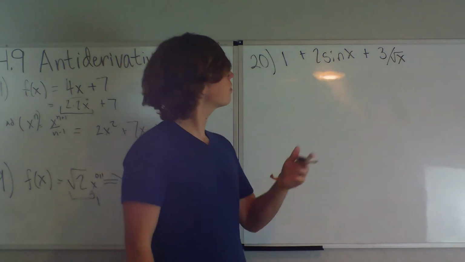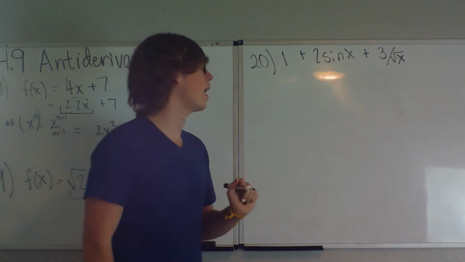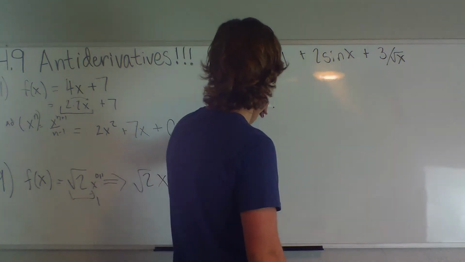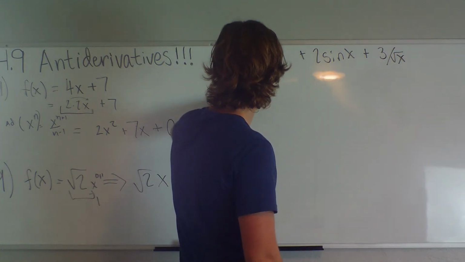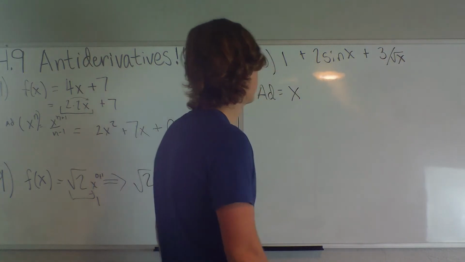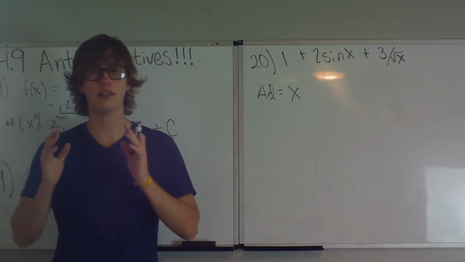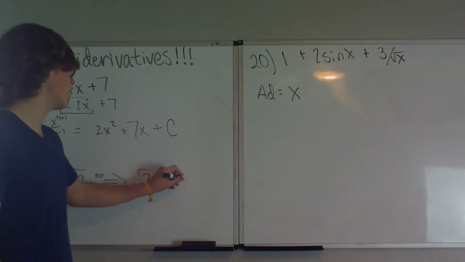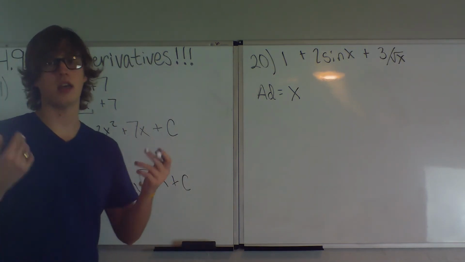Now on to 20. 1 plus 2 sine x plus 3 over root x. Well, we know the antiderivative, I'm just writing AD, is equal to x because this is just 1, plus c. I forgot yet again.